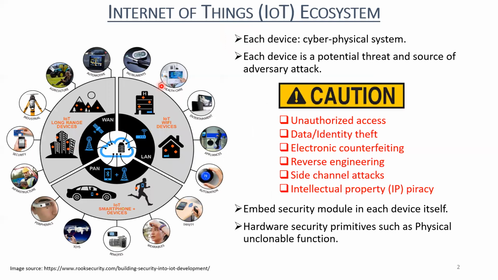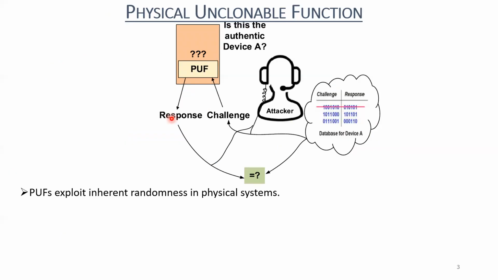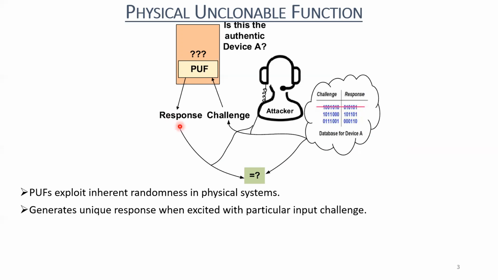For instance, let's say these two circuits are made on the same chip. If you apply one voltage to this and the same voltage to this, the response would be slightly different. That slight difference in the response forms the basis for identification. So that is what a PUF relies on: the inherent randomness between devices.